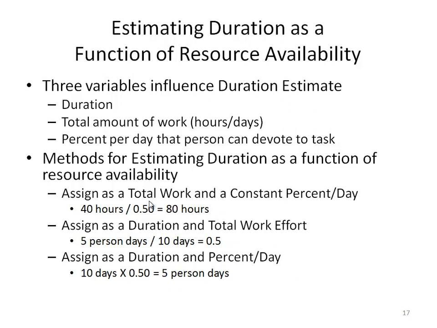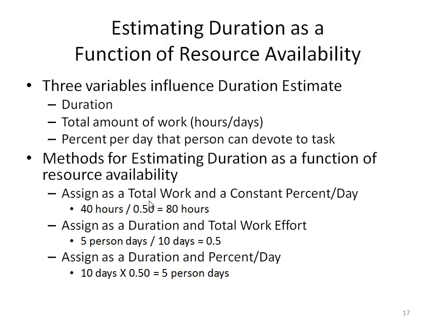We can assign a duration and total work effort, which is 5 person days. If we have 5 person days, that will be divided by 10 days, and that's 0.5 or half the work.